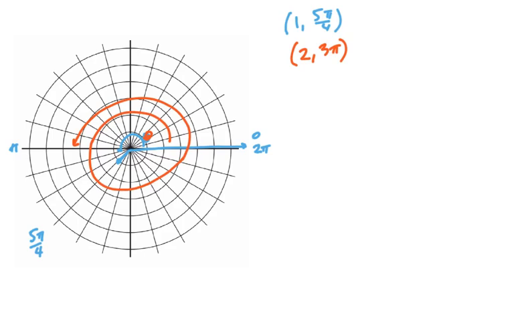Let me erase the first one. Let's just erase it all. This is our polar axis. So we would go 1, 2, 3 pi. And the radius in this case is 2. So we would come to right here. And this would be 2 comma 3 pi.